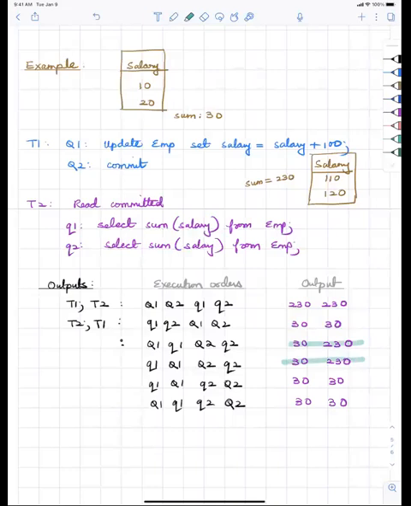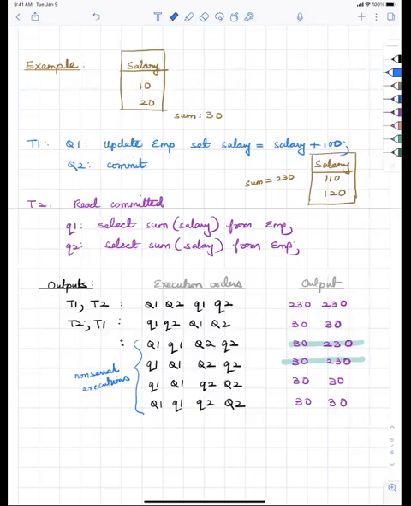And these are the only two serial executions. These are all the last four, all non-serial executions. Only the first two are serial executions, but if you look at the output, only two of the outputs are showing non-serializability.